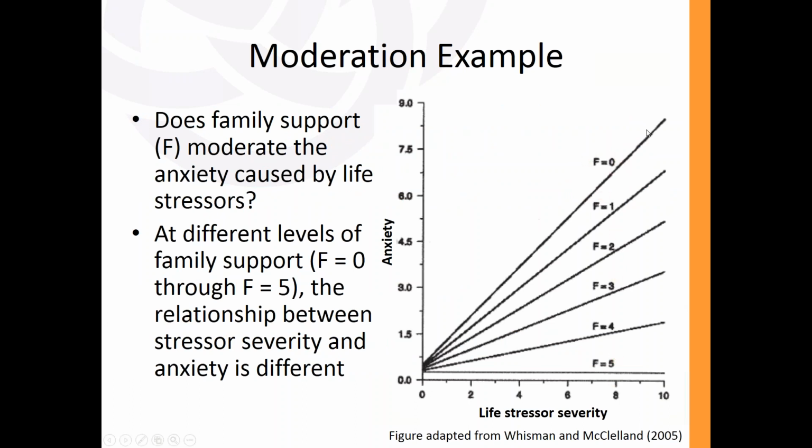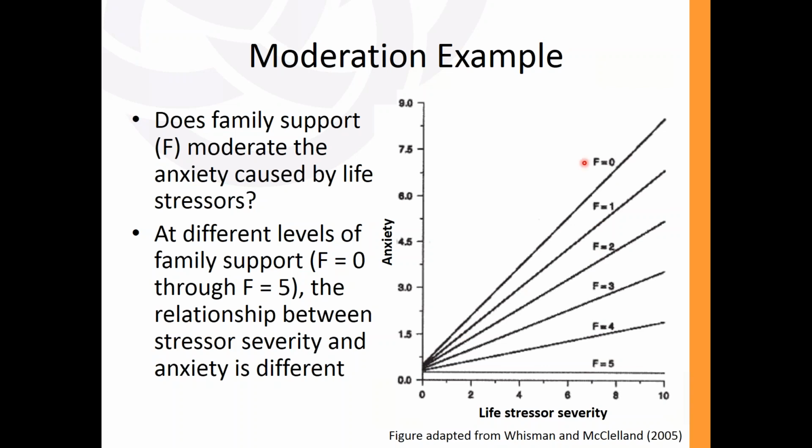For each value of F, the relationship between the predictor, which in this case is life stressor severity, and anxiety is different for each level of the moderator. In this example, the moderator is family support.